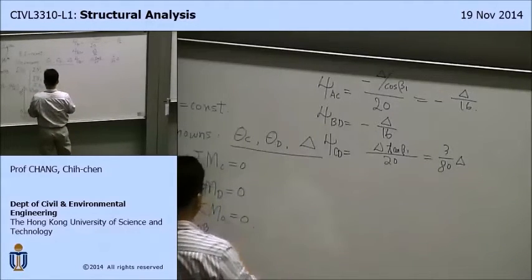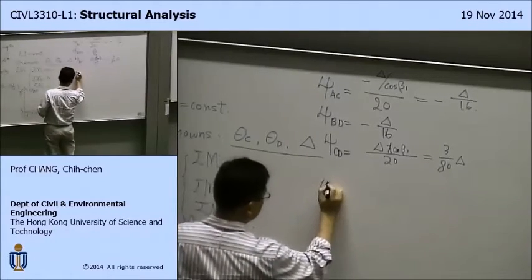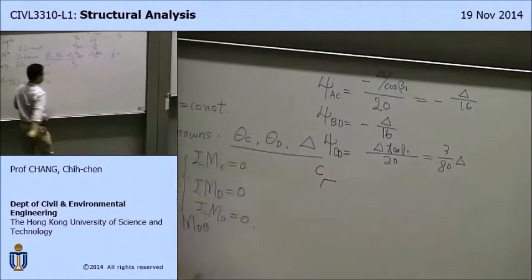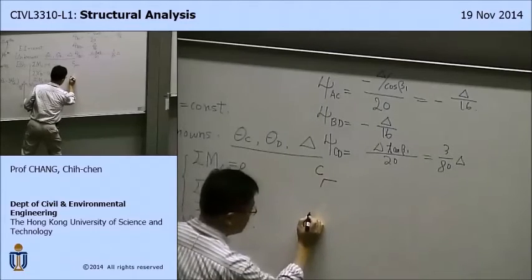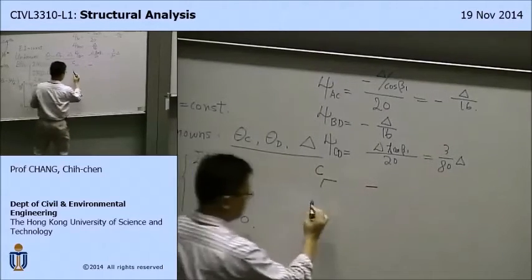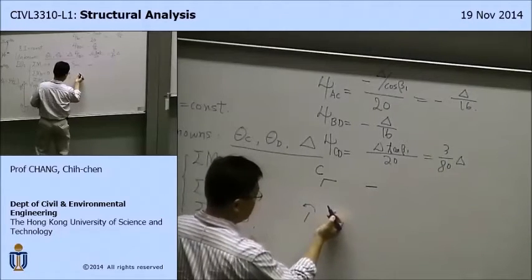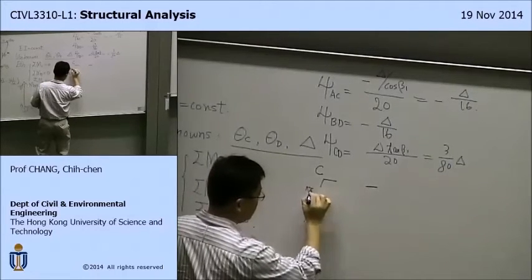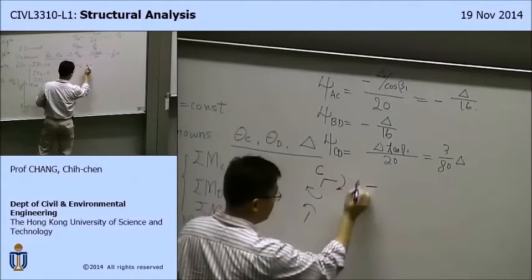So let's go to C. So this is joint C. So this is AC component. This is CD component. So this is MCA, MCA, MCD.